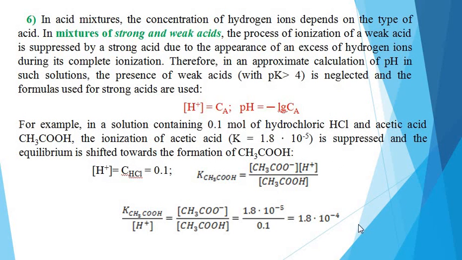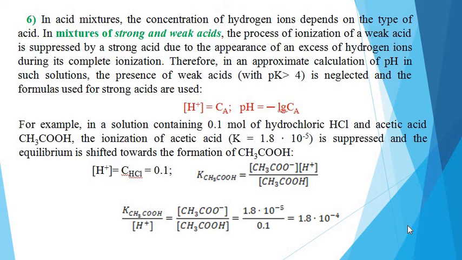In an acidic mixture, the concentration of hydrogen ions depends on the type of the acid. In a mixture of strong and weak acids, the process of ionization of the weak acid is suppressed by the strong acid due to the appearance of an excess of hydrogen ions during its complete ionization.